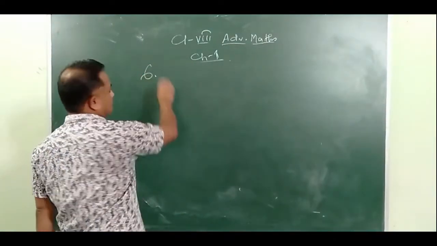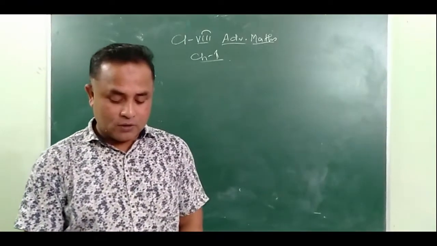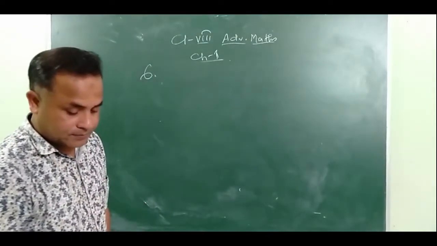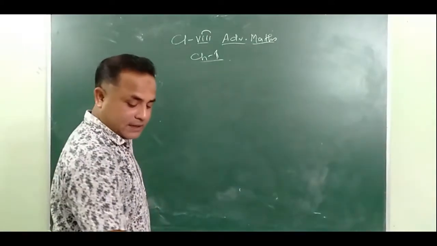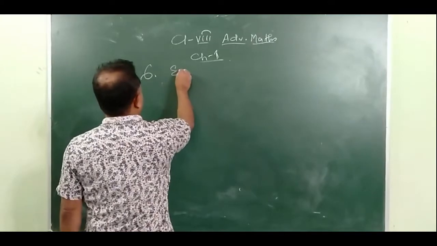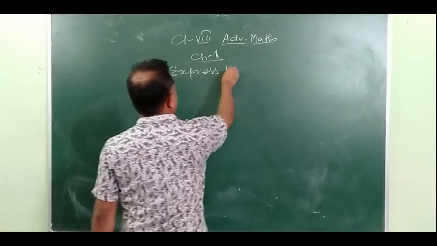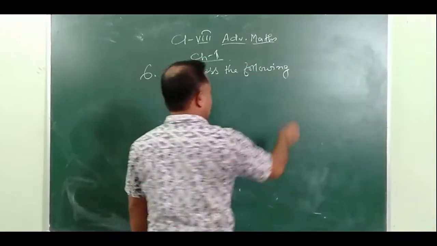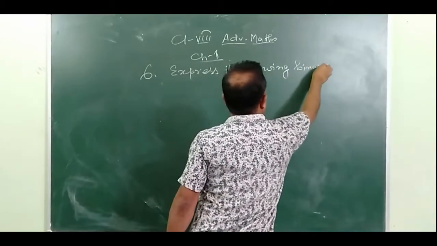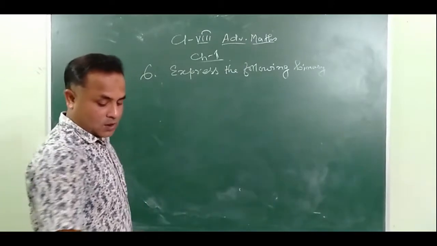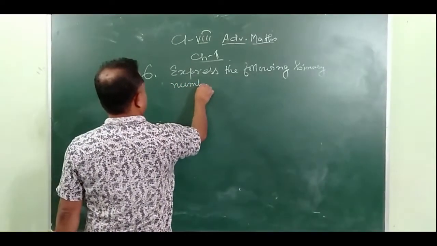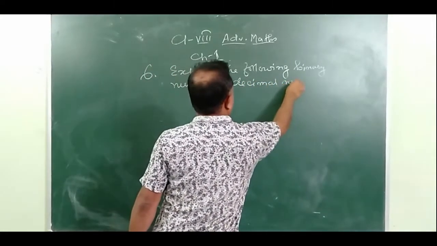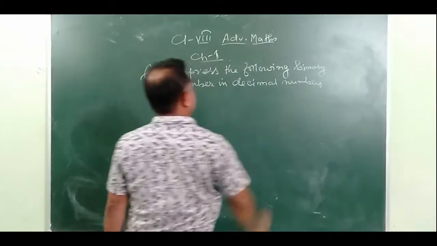Question number 6, what the question says is: express the following binary numbers in decimal numbers.